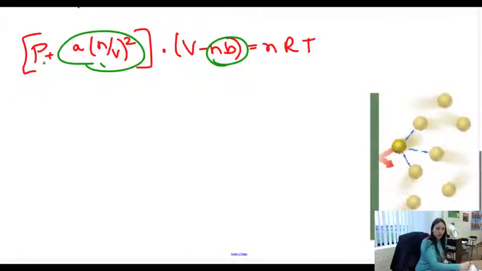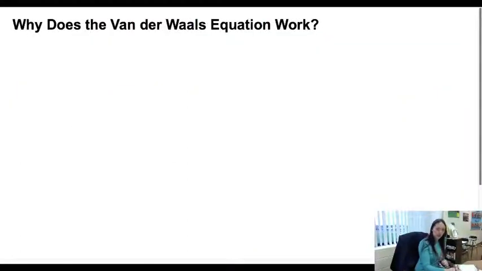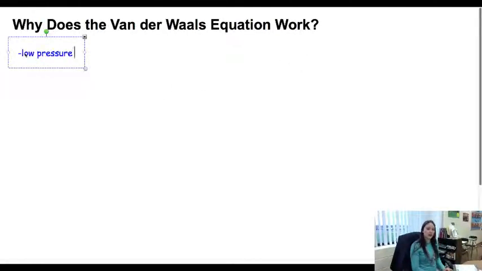Okay? So then the last thing is, why does the van der Waals equation work? Meaning, why do you need it at high pressure and low temperature? Well, if you have a low pressure, that means I have a large volume.